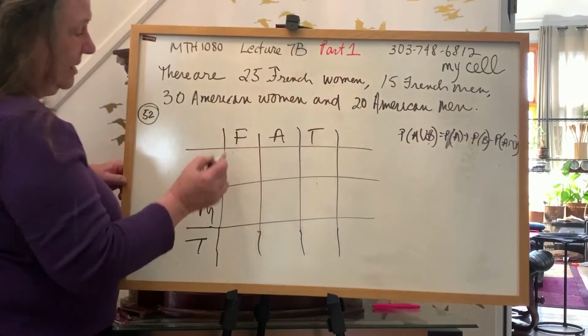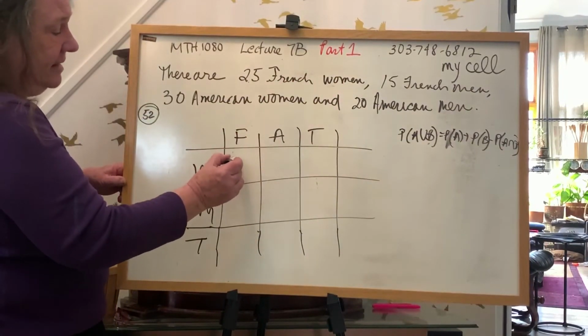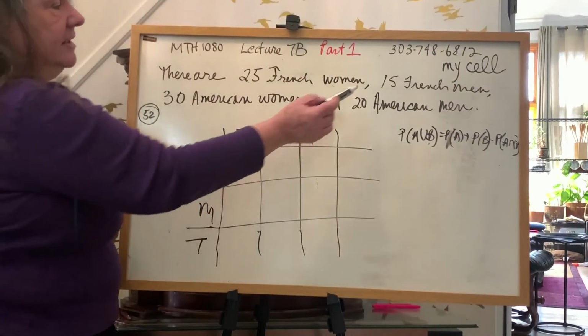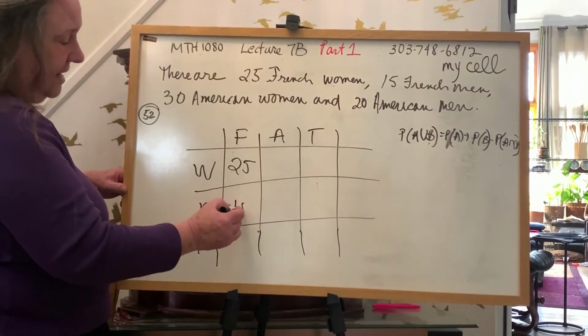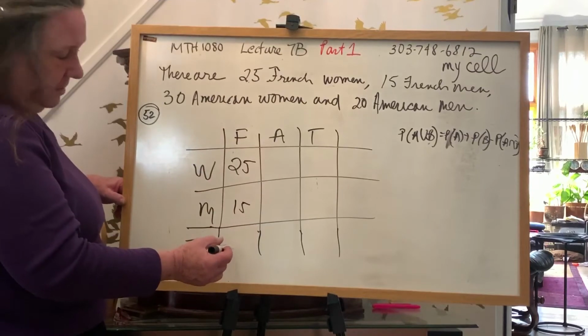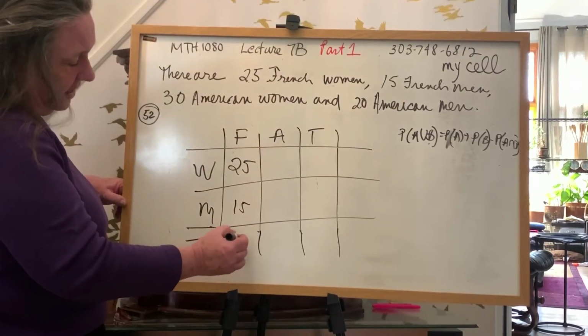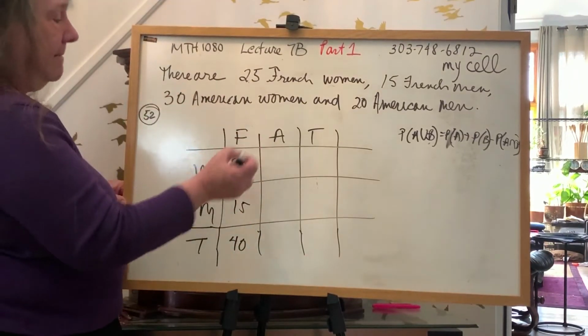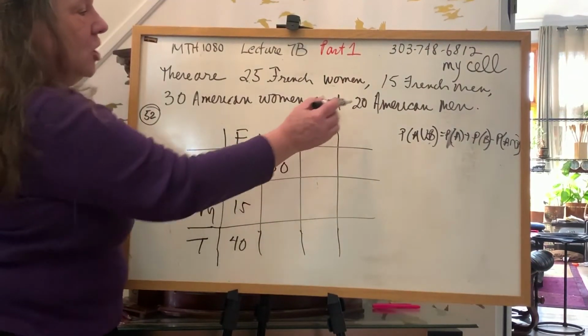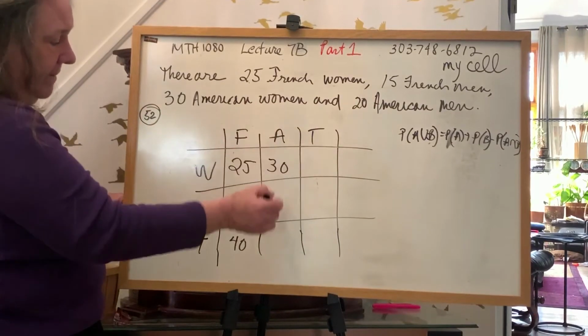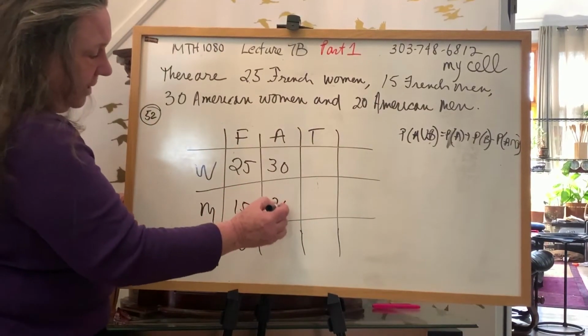25 French women. Well, here's French, here's women. This is 25. 15 French men. French and men is there. The total of the French people is 40. 30 American women is 30. 20 American men is 20.